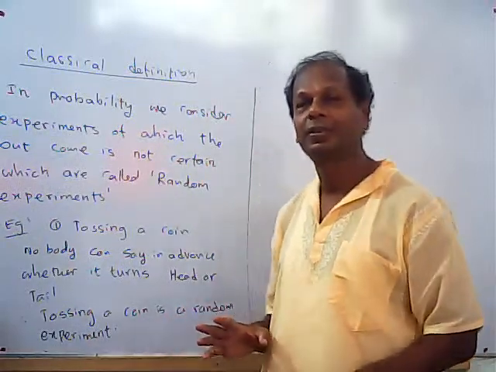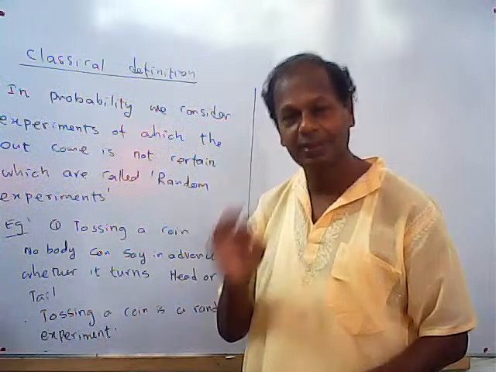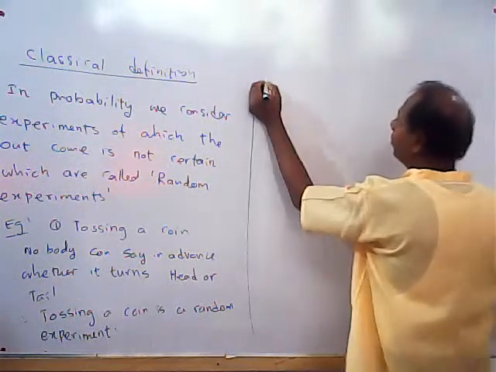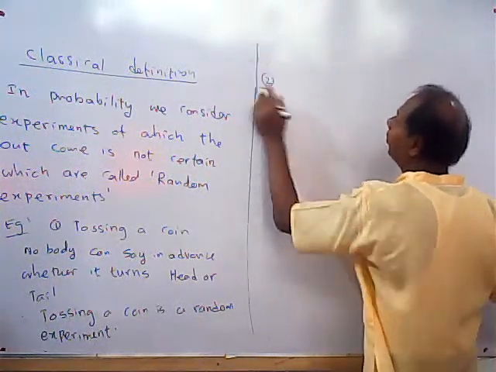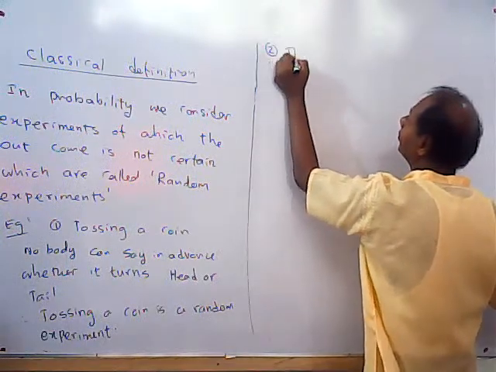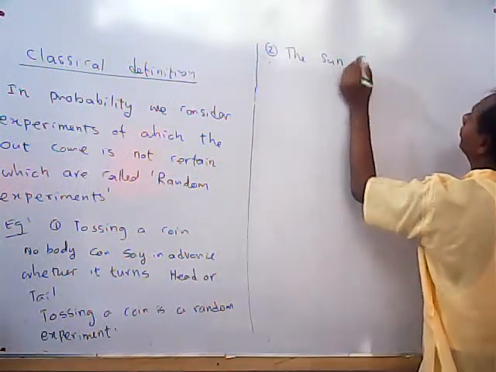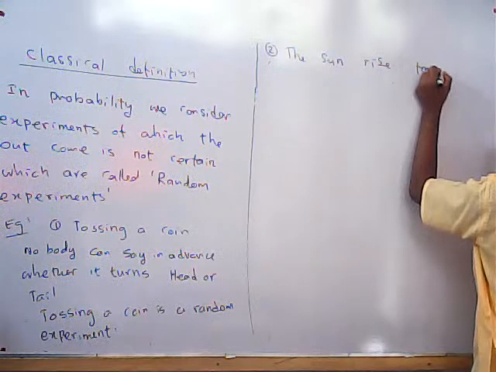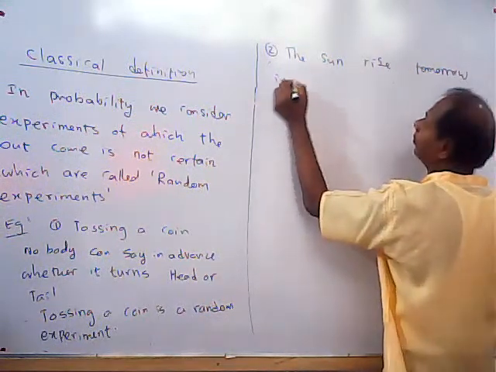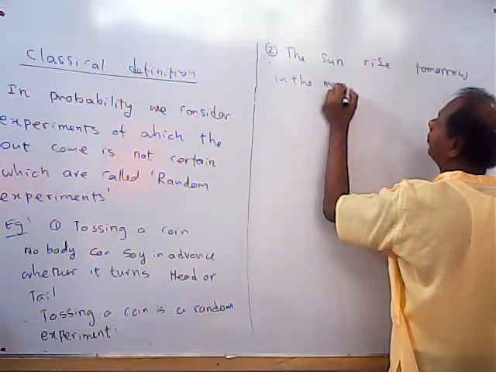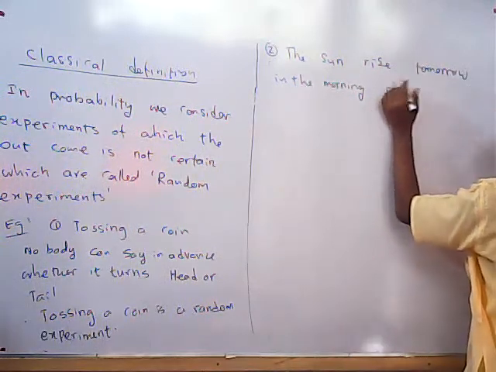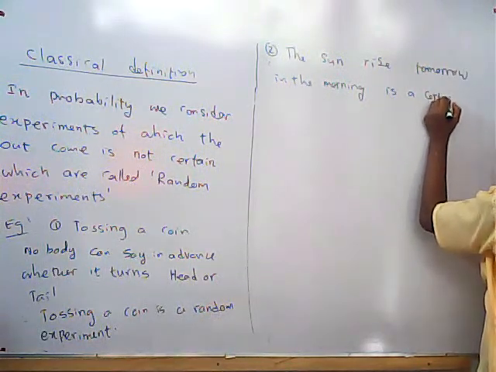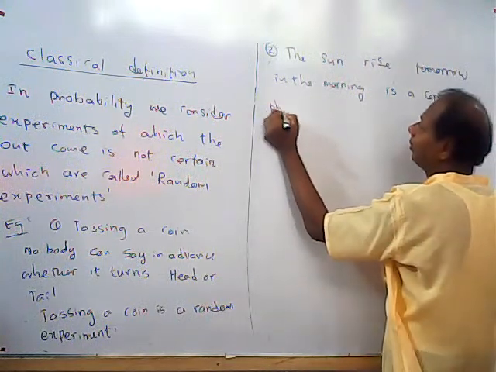Right? The sunrise tomorrow morning. It's something certain. So it's not a random experiment. Example 2. The sun rises tomorrow morning. It's a certain event, a certain phenomenon, right?